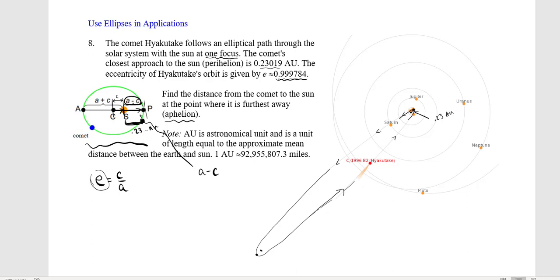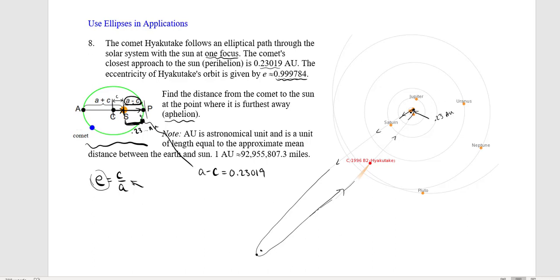So the A minus C quantity, that is the distance of perihelion. That's this 0.23019 astronomical units. Well, keep in mind, that lets us actually solve for, say, C, for example.